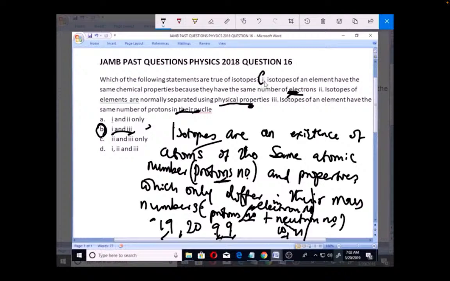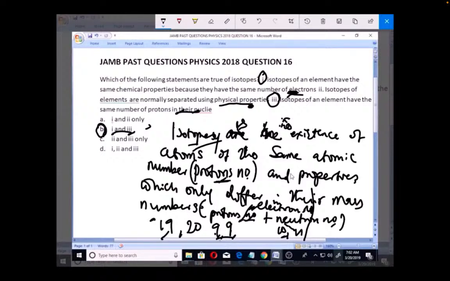So we are very sure about these two. If we use the elimination method, we can easily pick option B as the right option, because isotopy is the existence of atoms of the same atomic number, that is proton number, and properties.